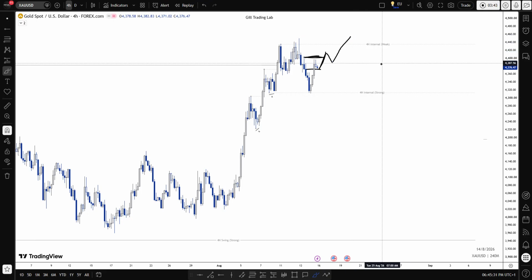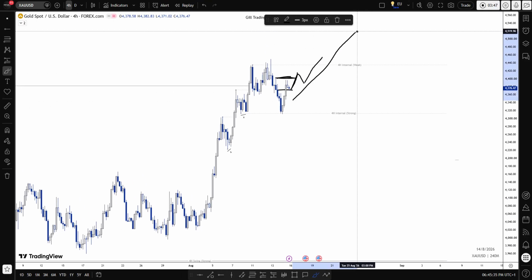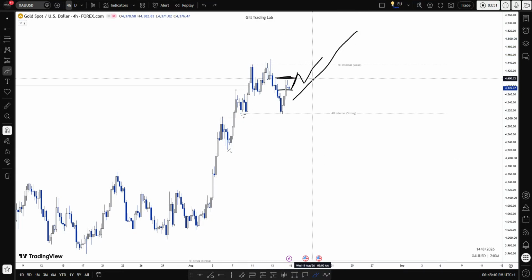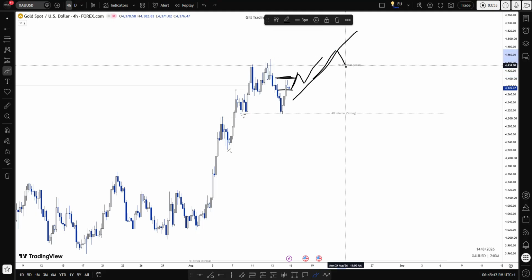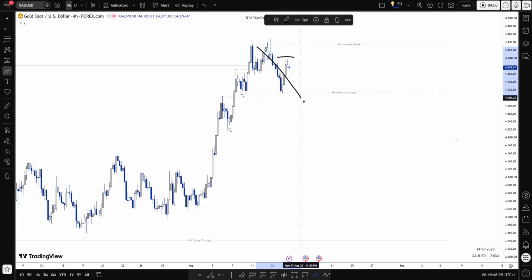So for this week, we might see price forming the continuation of this internal leg after the break of structure, or we could see, after the internal break of structure, an internal pullback, or we could see, because we're expecting that deep swing pullback, internal shift bearish.